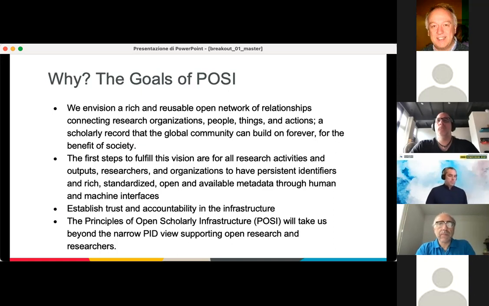And so the first steps in fulfilling this vision we feel are really important is that we need to bring together these principles and work around these as open scholarly infrastructure to take us beyond the narrow world of persistent identifiers on its own, and really support open research and researchers, establishing trust and accountability in the research infrastructure. Next slide, please.